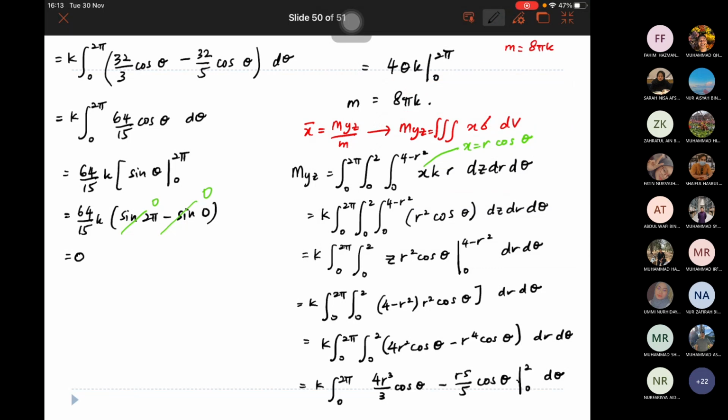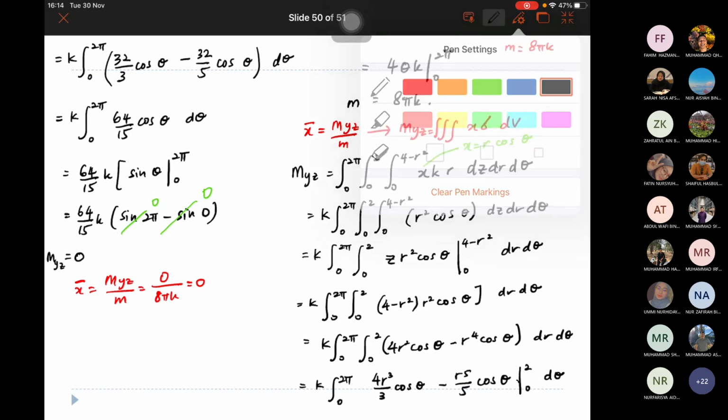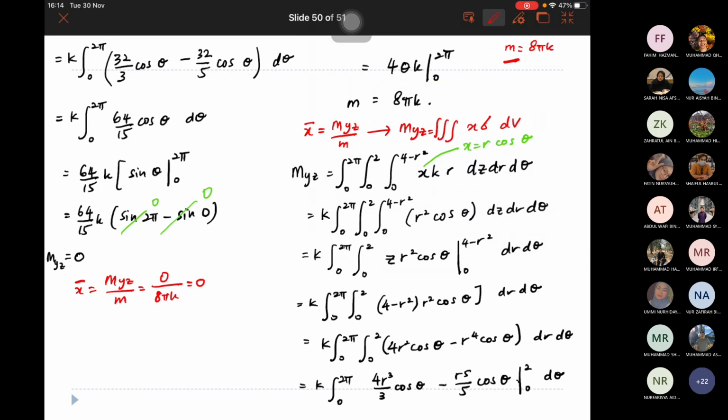So kita dapatlah M moment about the YZ plane sama dengan kosong. So M YZ sama dengan kosong. Okay, then daripada sini kita dapatlah X bar equal to M YZ divided by M, 0 divided by 8 pi K. So dapat X bar sama dengan kosong.